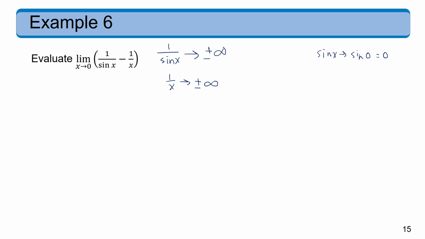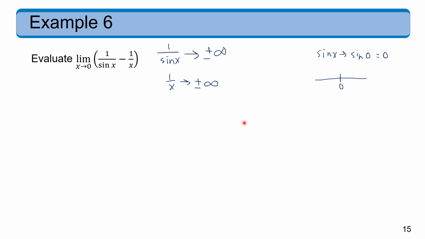To figure out the sign of those infinities, we need to know the sign of, for example, 1 over x. So as x goes to 0, let's look at a number line. This is our x-axis.